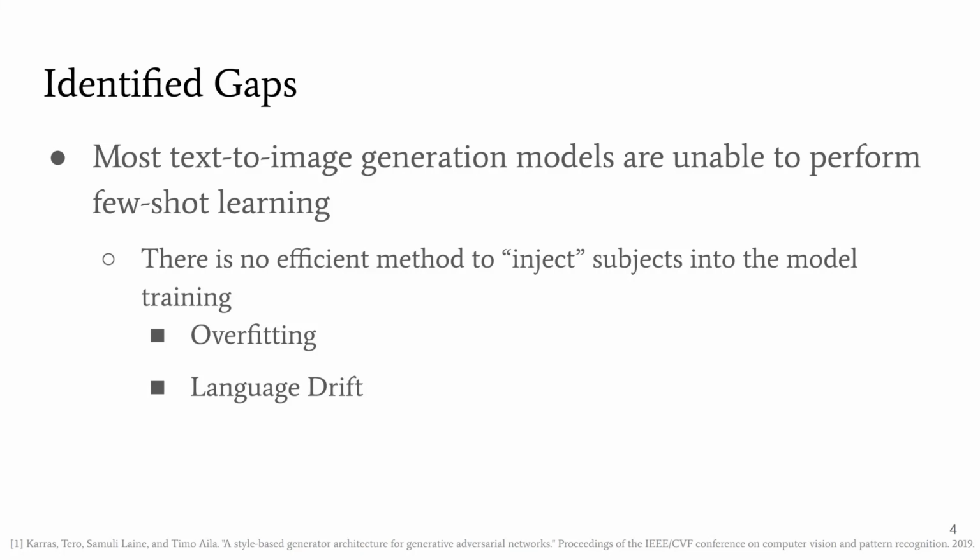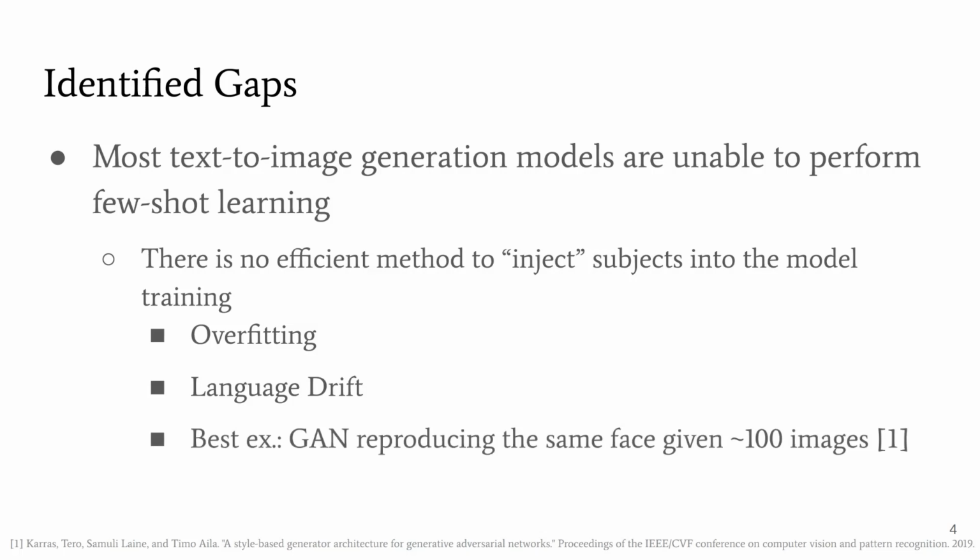The best example of a paper injecting subjects into the training was actually a GAN, which was able to reproduce the same face given around 100 images, which is limited to just the face, and it's 100 images, so it's not quite few-shot.